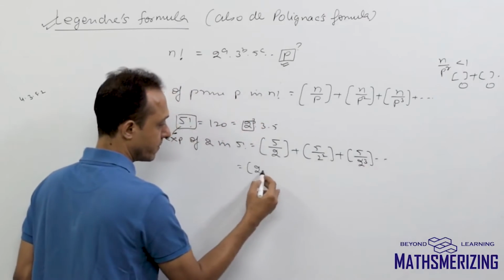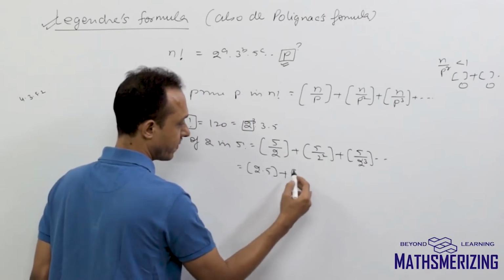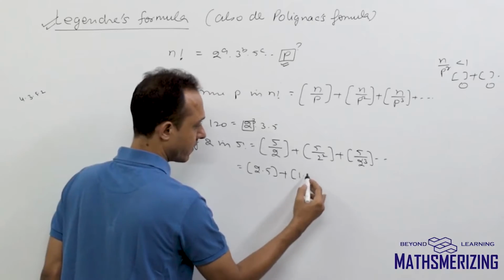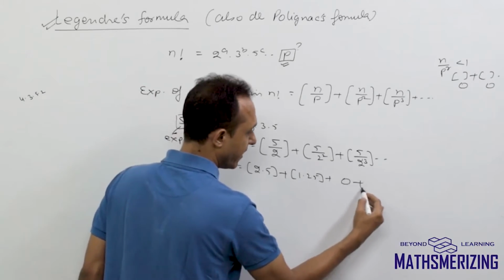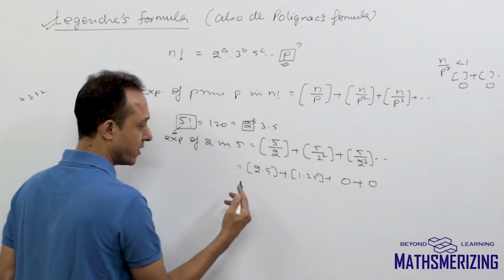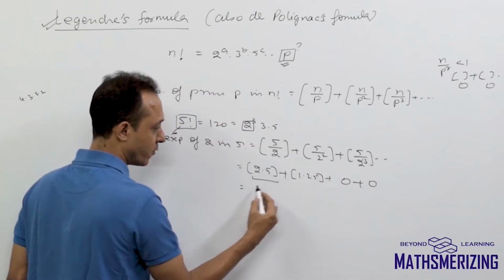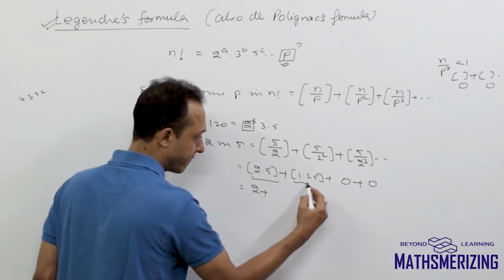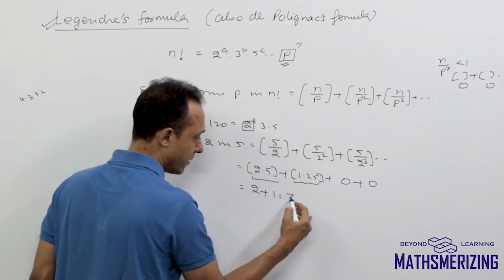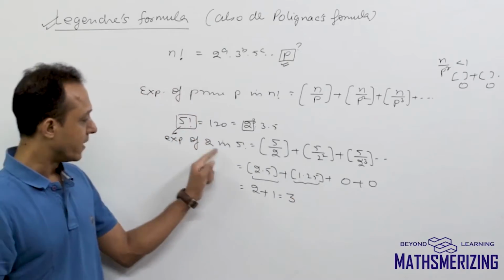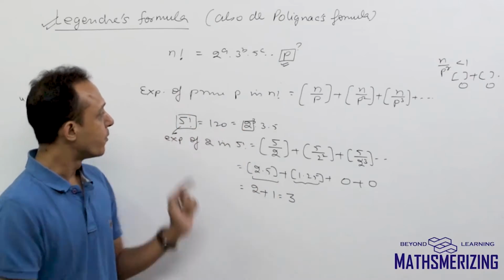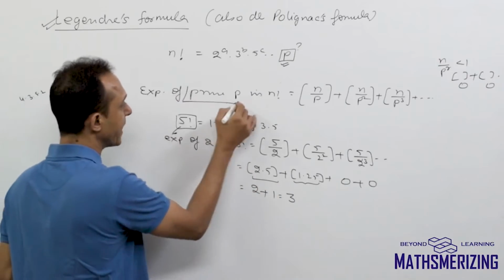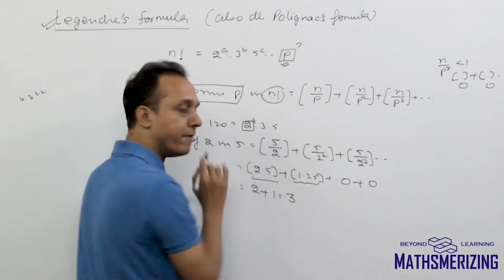So 5 by 2 is 2.5, 5 by 4 is 1.25, and then this value will be less than 1. So all successive values will be 0. So the greatest integer function of 2.5 is 2 and of 1.25 is 1. So the exponent of 2 in factorial 5 will be 3. So we'll use this formula to find the exponent of some prime number p in factorial n.